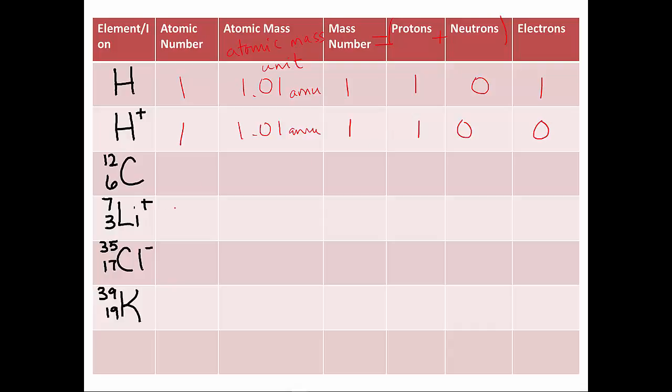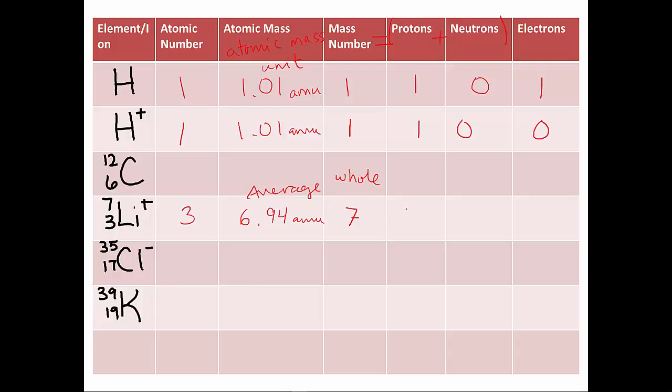Let's look at lithium. The atomic number as shown here is 3. The atomic mass, I believe, is about 6.94 AMU. The mass number provided is 7. Keep in mind, the mass number does not always equal the atomic mass. The mass is an average, while the mass number is a whole number.